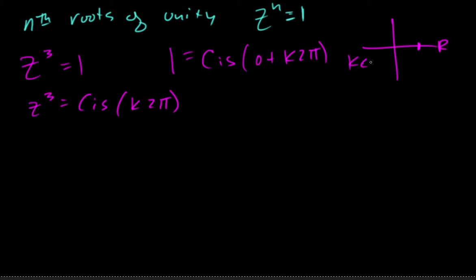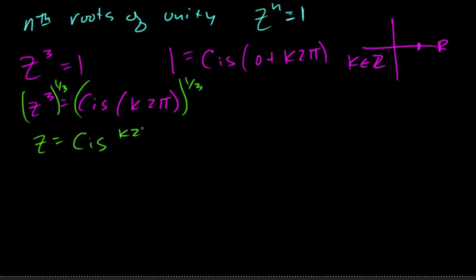Once again, k is an integer. Now do the third root like that. And de Moivre's theorem, you've seen it a couple times, so I'm just going to jump to this.